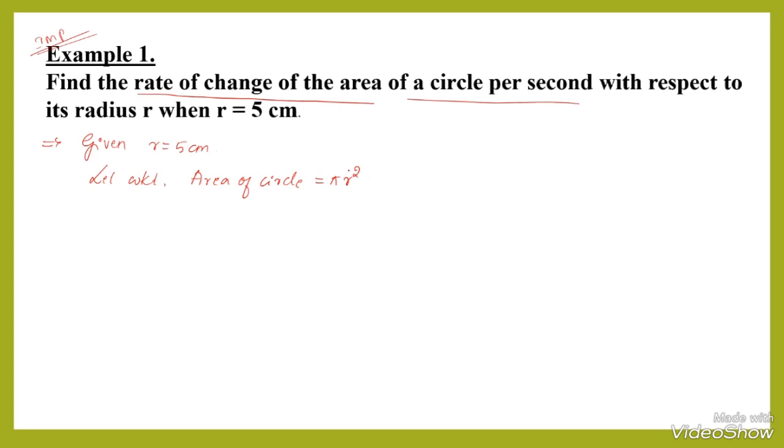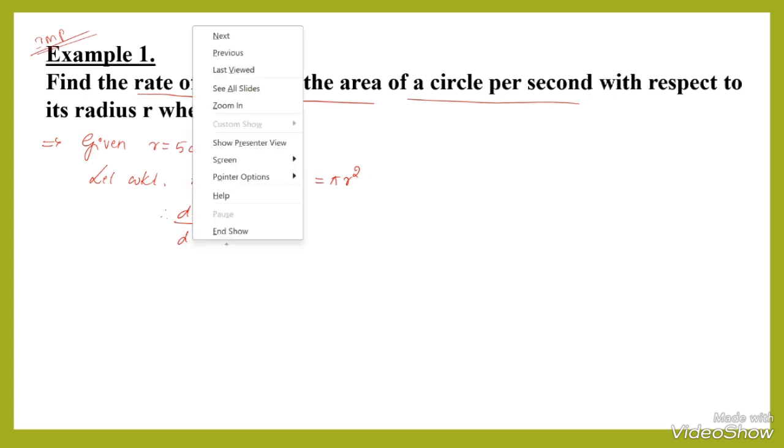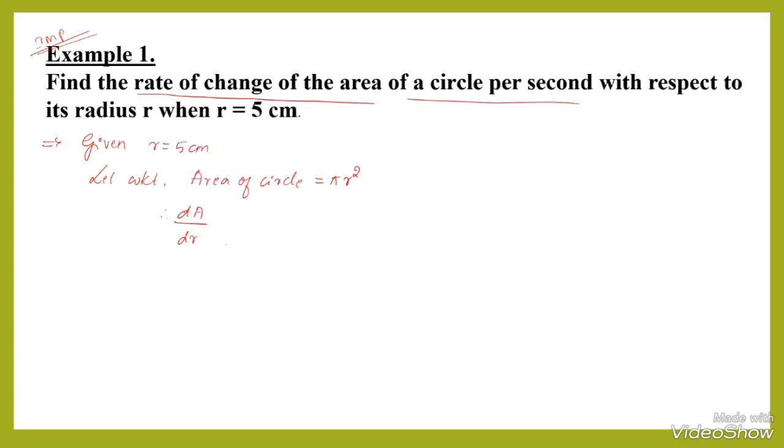Here it will change. The area of the circle will change, and that is what we have to calculate with respect to r. I can denote area by A, so we need dA by dr when r equals 5 centimeter. We have to calculate this.